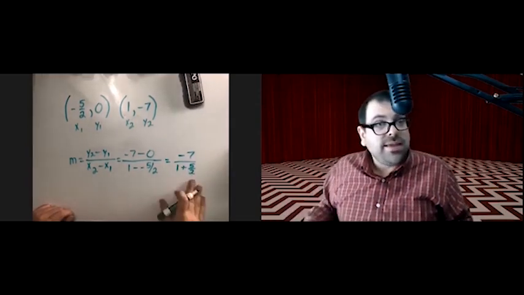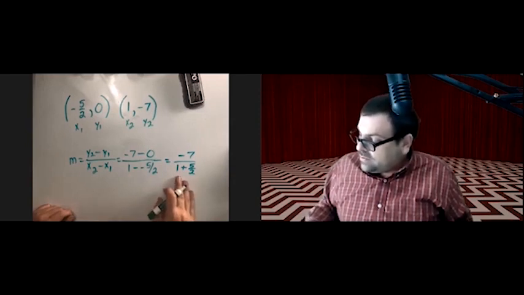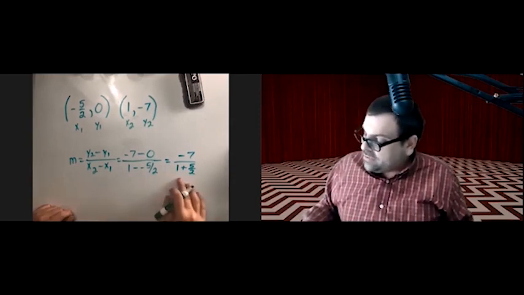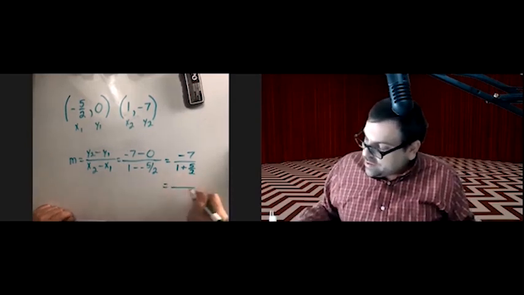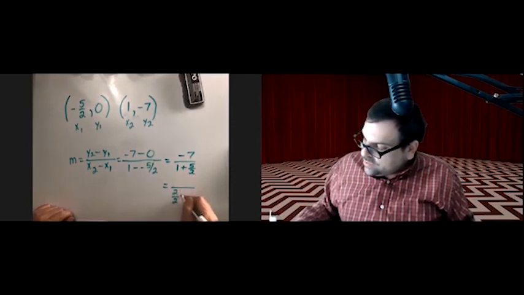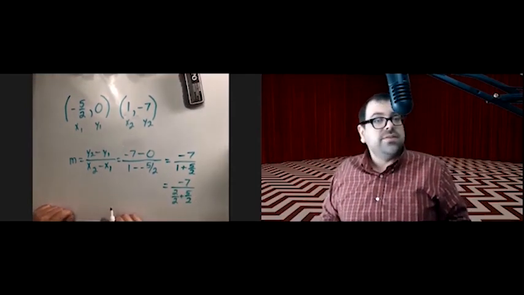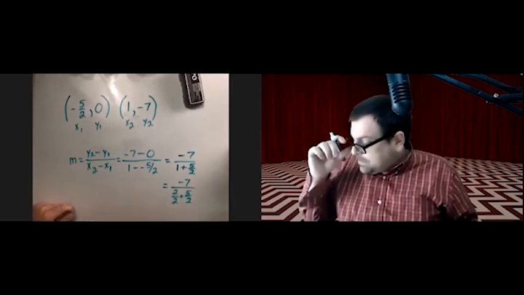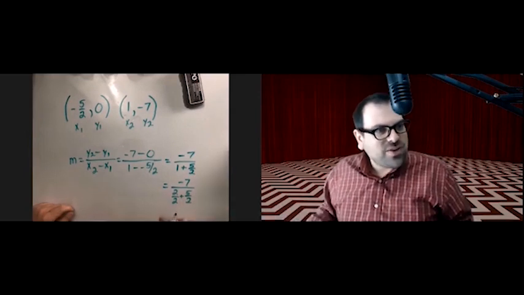Let's go ahead and add these. 1 over 1, but we need to have a denominator of 2. So 1 is 2 over 2 plus 5 over 2. And we have that -7 on top. Call this a complex fraction, fractions with other fractions inside of it.